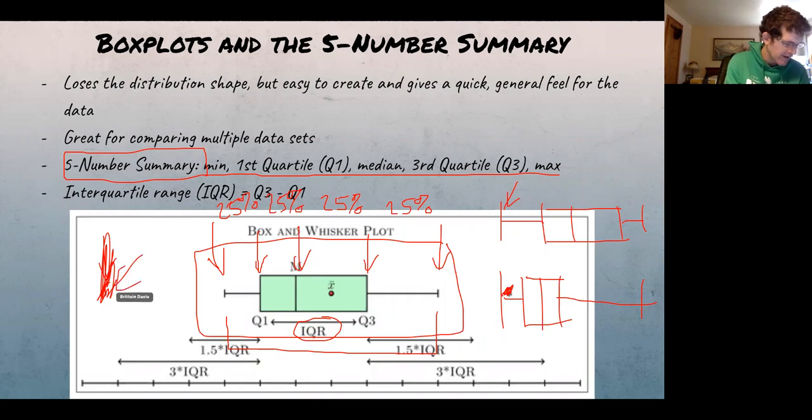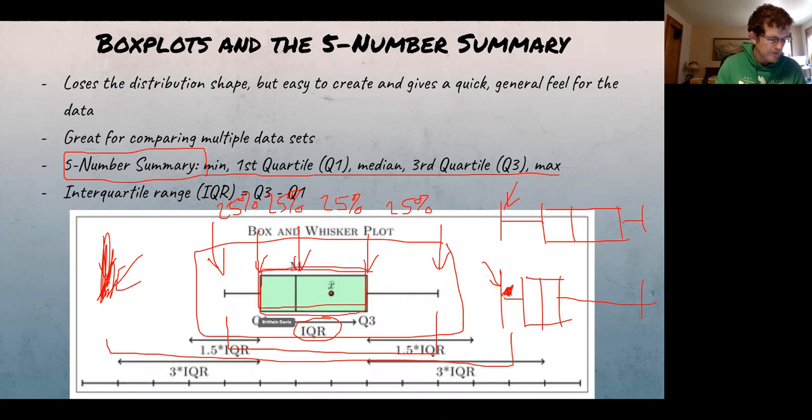If I still had this value and this value, then my range is huge. But the interquartile range stays relatively small. If we just look at the middle 50% of the data, remember, we got the 25% just above the median and the 25% just below the median. What we're saying is we don't care about the most extreme big values and the most extreme small values. Where does the middle 50% of the data live? That's what we call the interquartile range.